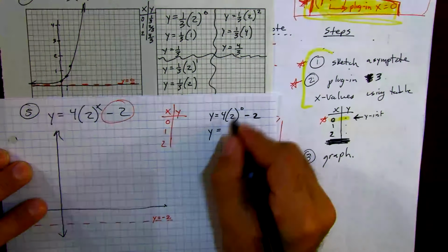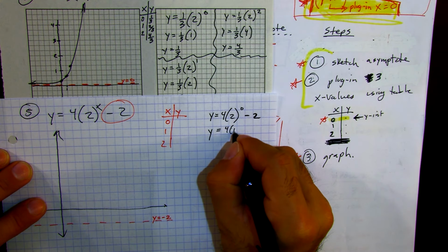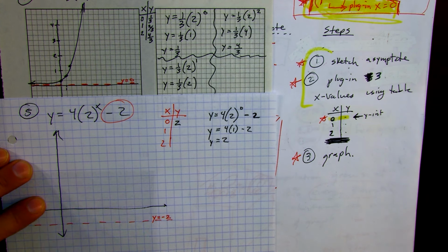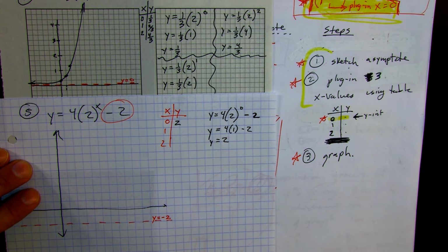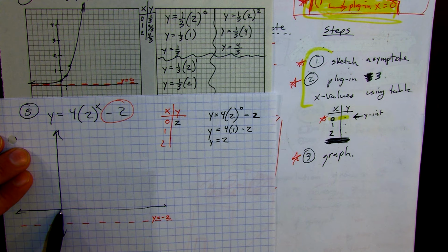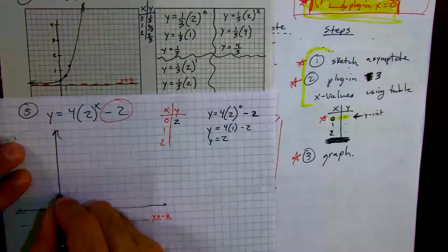So let's go ahead and plug this in. We get 1, so it's 4 times 1 minus 2, and we get 2. So I look here, and I want to put my first point in there, 0, 2. You always go from the origin in the middle, and we go 0 for x, so we don't move, but we go up 2 for y, and we get our y-intercept.